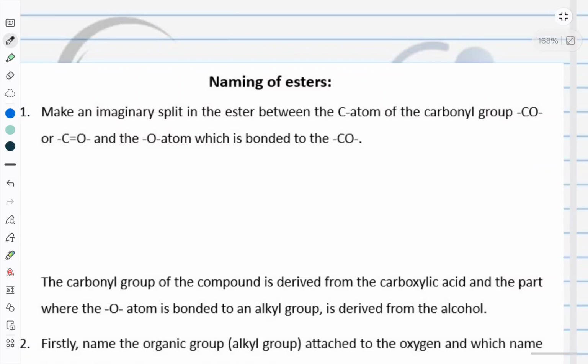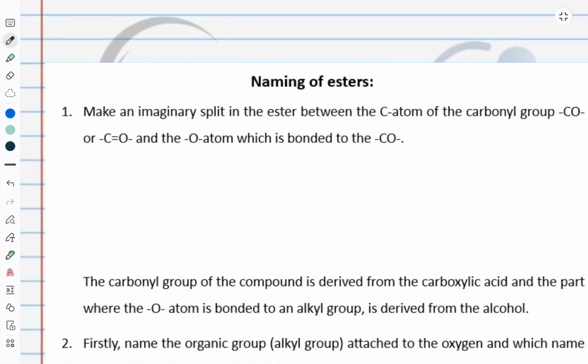When it comes to naming esters, the first thing we do is create an imaginary split between the carbon atom of the carbonyl group and the O atom which is bonded to this carbonyl group. So what does that look like? Remember, the ester has a functional group that looks like this.